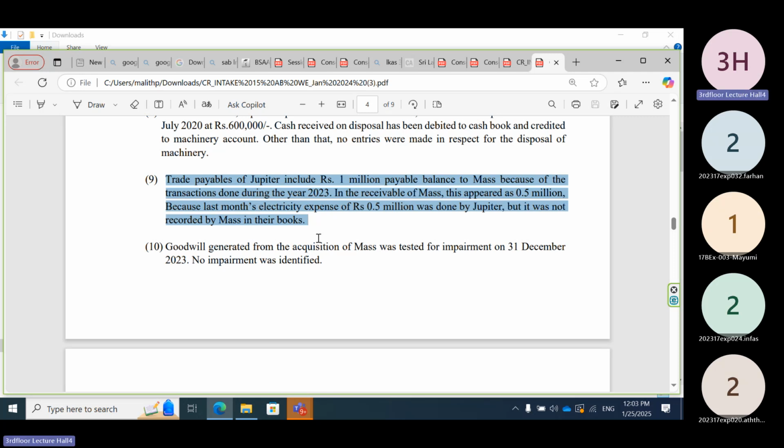Because last month's electricity expense of 0.5 million was incurred by Jupiter, that was not recorded by Mars in their books.